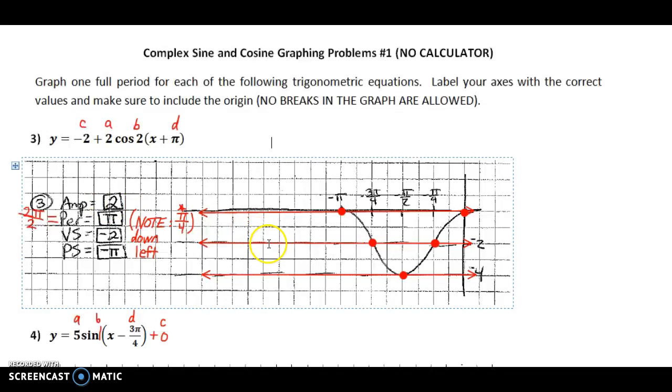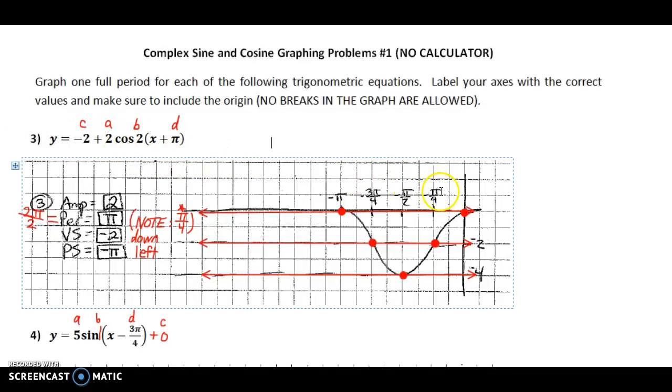Since the amplitude is 2, you go up 2, make another dashed line, go down 2, make another dashed line. So you get those 3 lines that show you your upper, lower, and of course midline for any of your sine or cosine graphs. Once you have that, your next thing is to determine where my starting point is going to be. So this is a cosine graph. Cosine graphs always start at a peak.